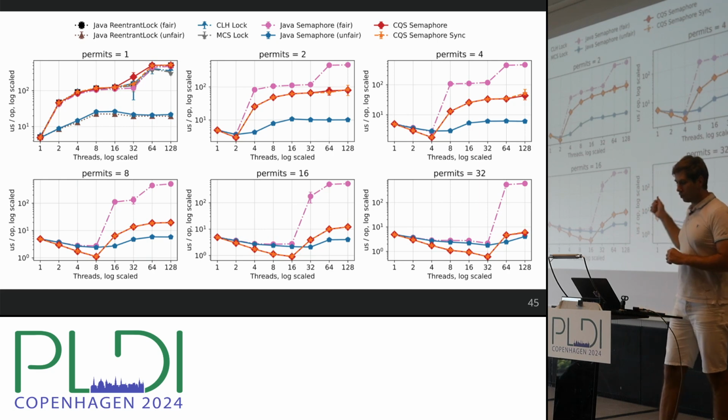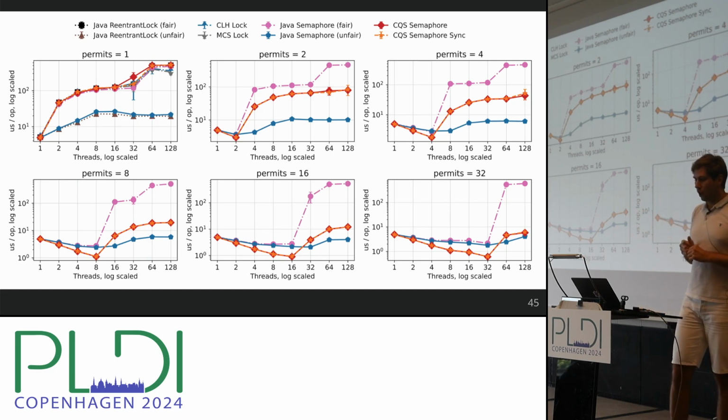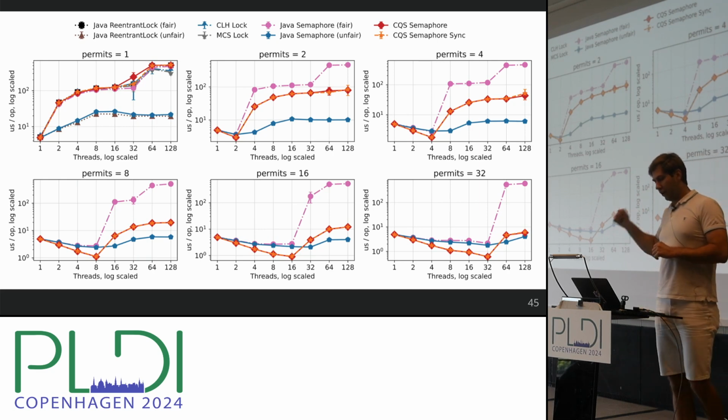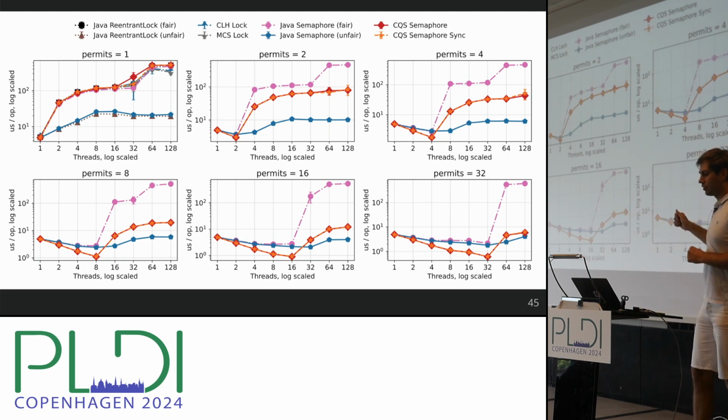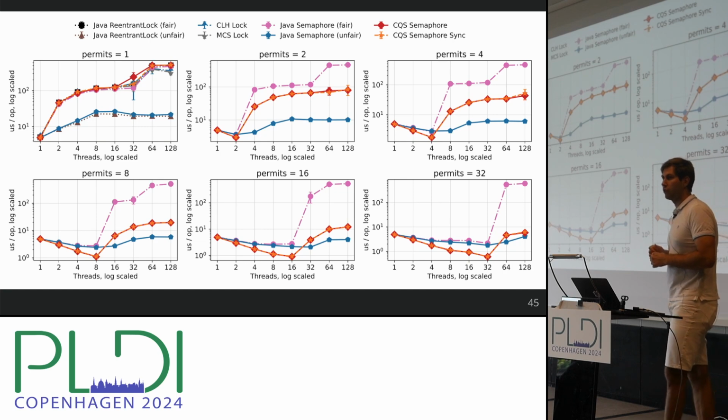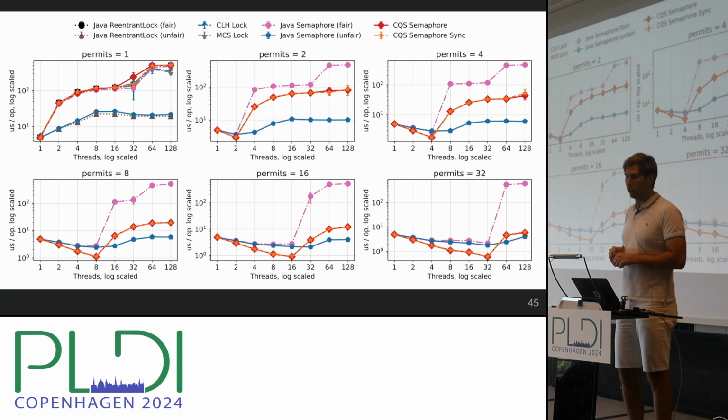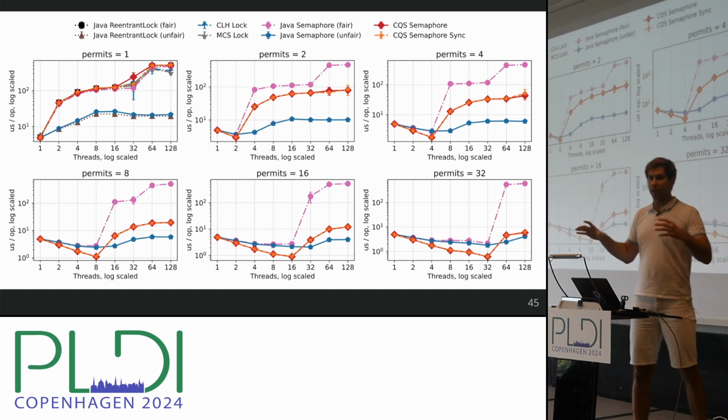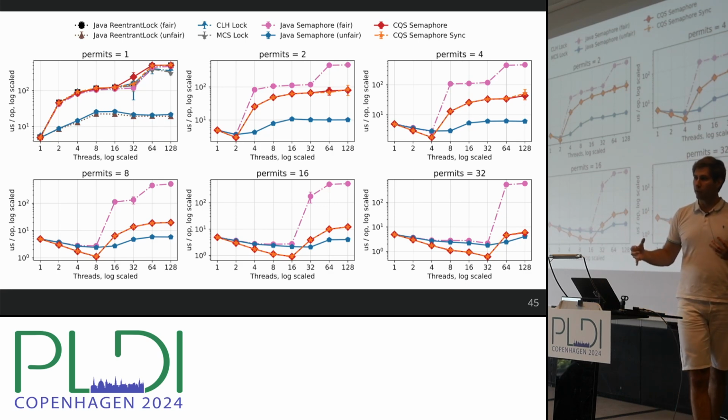But what is also interesting is that the fair version is significantly faster with the CQS framework rather than with Java's framework, because the design of the queue is more scalable.